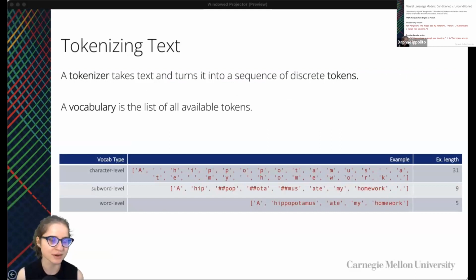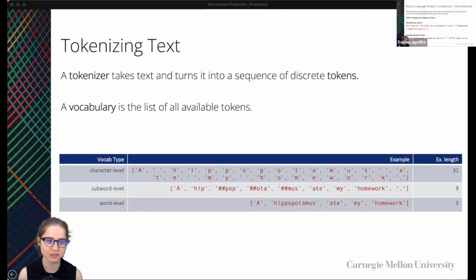The vocabulary is a list of all of the tokens that are available to use. I've been using the words word and token interchangeably because back in the day, one of the most common tokenization strategies was to split text into words. That's what you see on the last row here. So I could just say every word is a token.